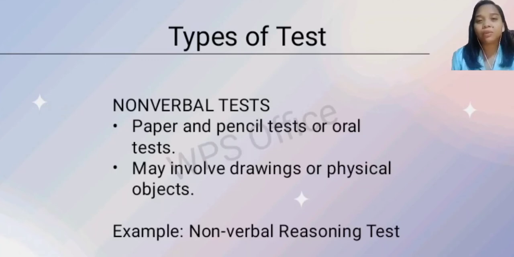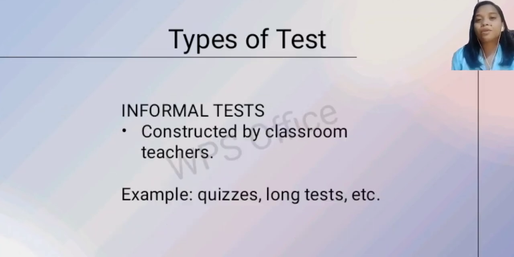For example, the nonverbal reasoning test. Number 7 is the informal test, constructed by classroom teachers. It is a method of evaluation where the instructor tests participants' knowledge using no standard criteria or rubrics. For example, quizzes and long tests.